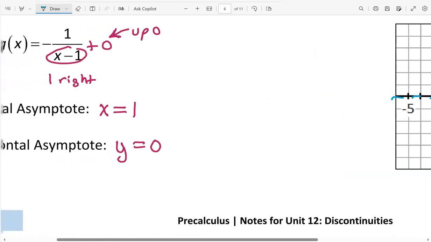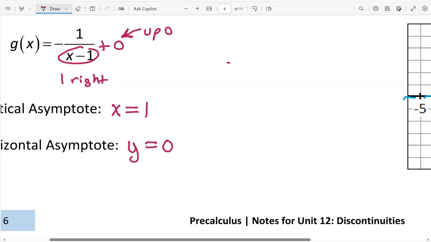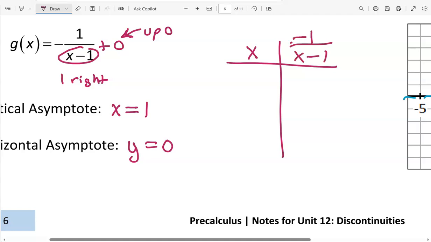In order to figure out what points go on the graph, I'm going to pick points that are to the left and to the right of x equals 1. To the left would be x equals 0, and to the right would be x equals 2. Our y value will be negative 1 over 0 minus 1, which is positive 1.